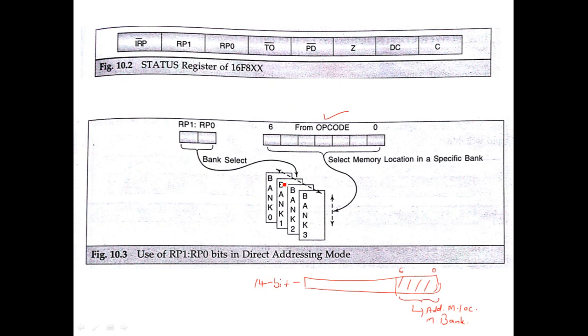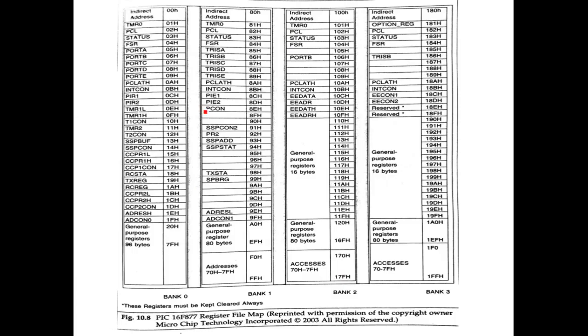And bank selection is done by these 2 bits. So you can understand that if one bank is selected, then that bank contains 128 locations, having addresses, say for example 00 to 7F.